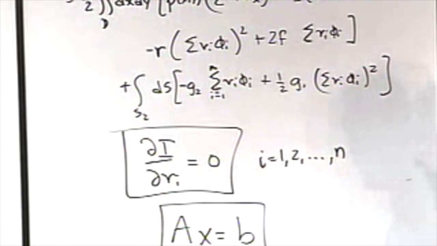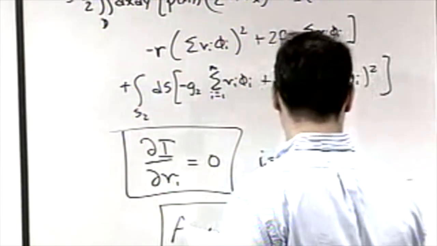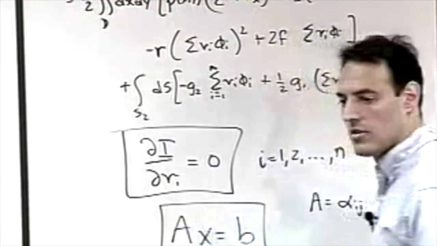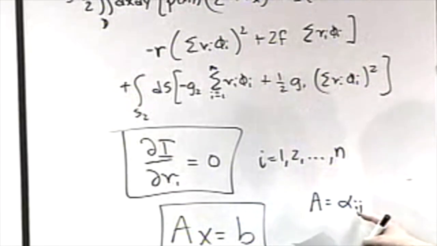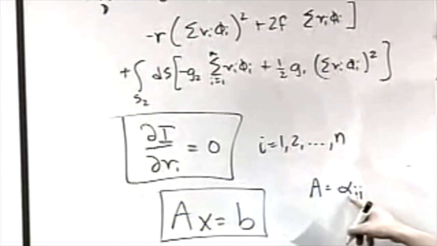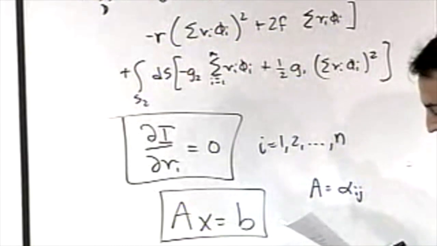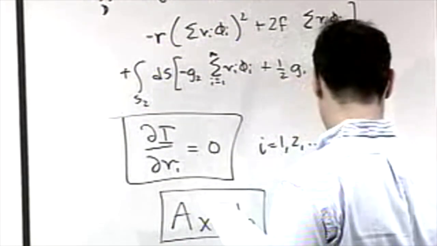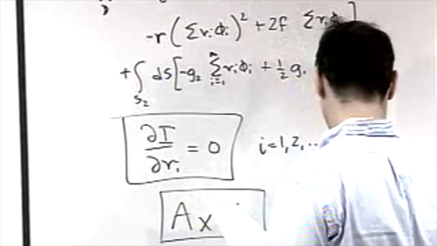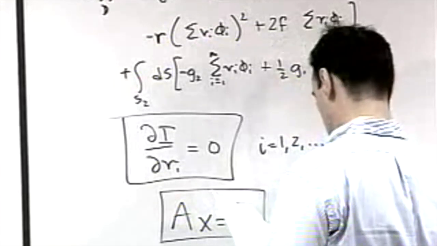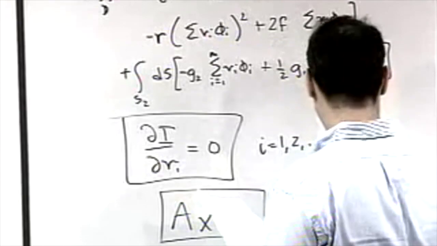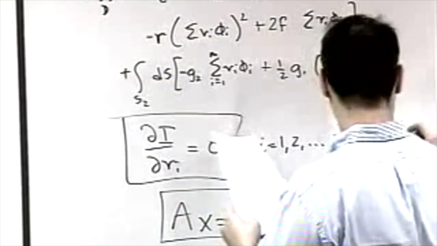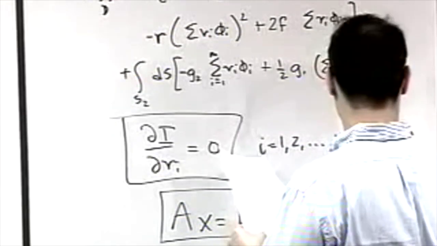Where the matrix A, each component of A, with row and column, is given by this alpha. B is some betas, so beta 1, beta 2, beta n. X is what you're trying to solve for, which is gamma 1, gamma 2, gamma n.